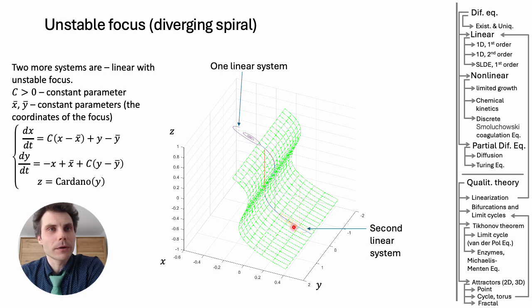diverging. Assume there were two original points very close to each other, two initial points. They both dropped onto the focus, and it started deviating them from each other because it spirals exponentially.